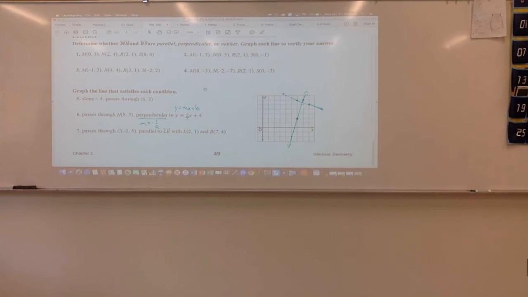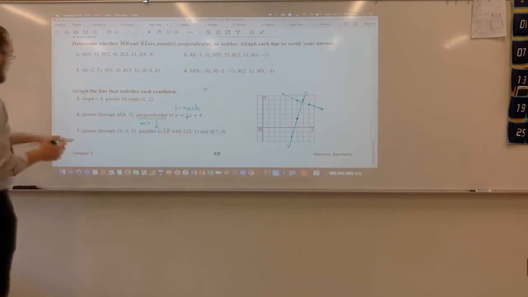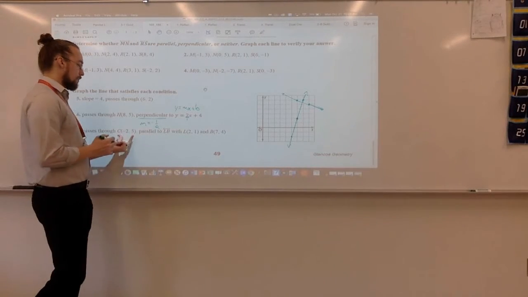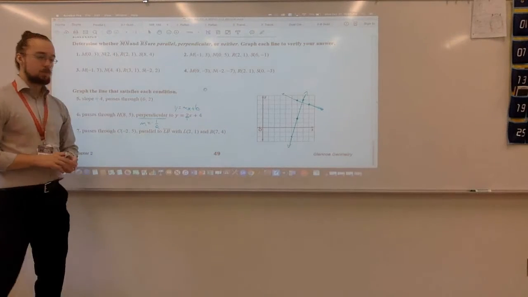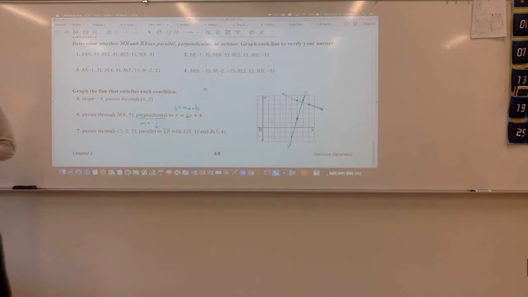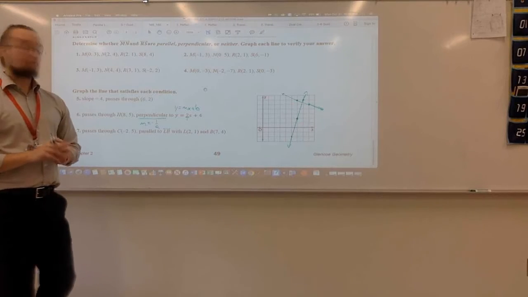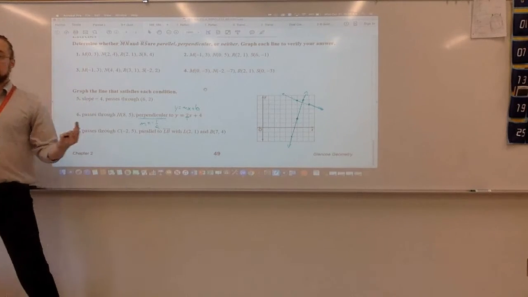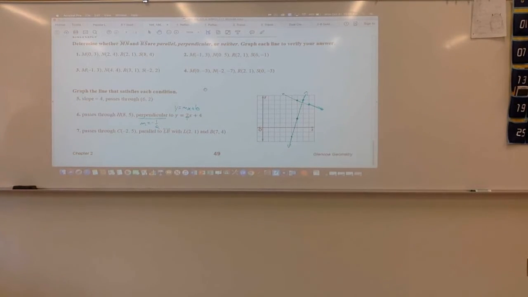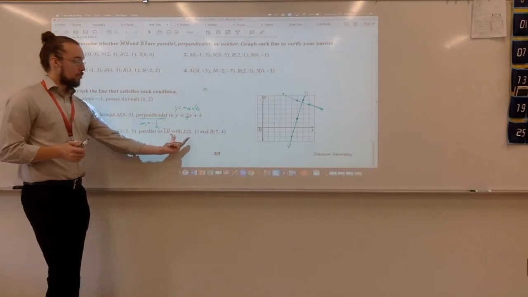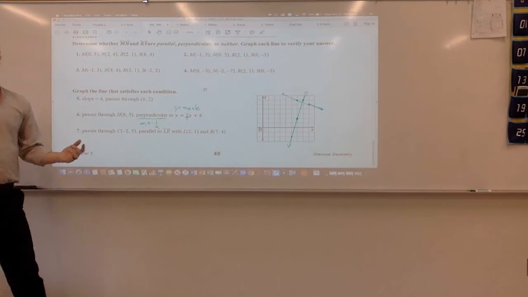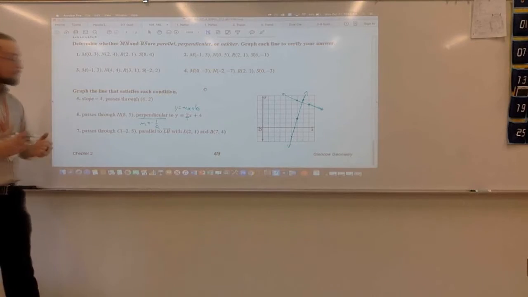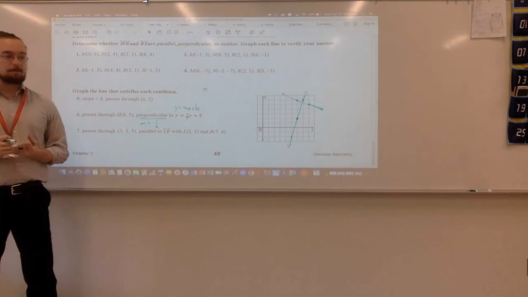Now, the last one says goes through the point negative 2, 5, and then is parallel to a line that goes through these 2 points. So parallel, what's the relationship between slopes that are parallel? They're the same, right? So what I want to do here is find the slope between these 2 points, and then use that exact same slope for this line.